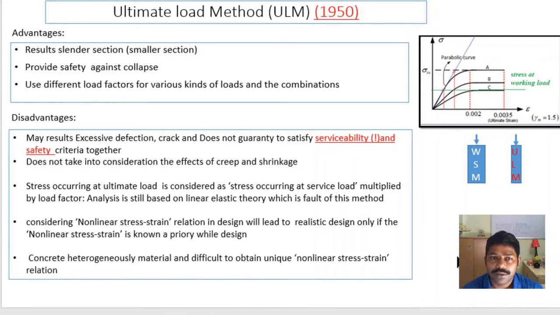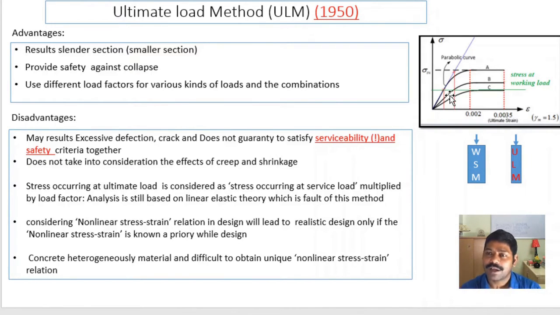Initially you are calculating all the stress in the linear zone, based on linear elastic theory, and then we multiply with some load factor. So whatever stress we calculate will also come as a linear elastic value, and whatever calculations we do will also be based on linear elastic theory.